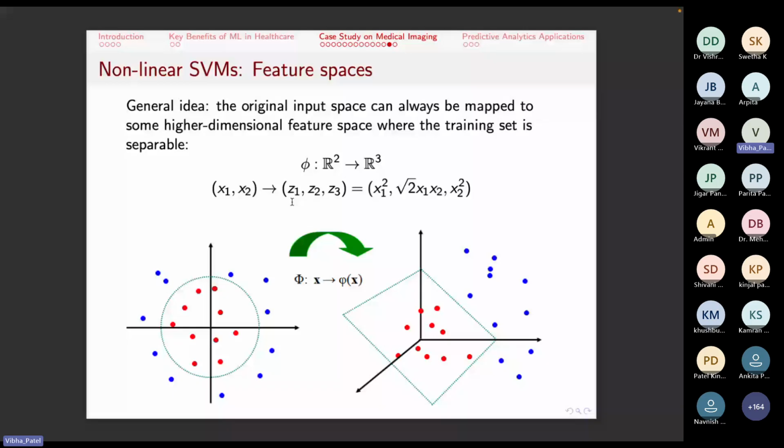So the kernel trick comes into the picture, which allows you to move lower dimensional space data to a higher dimensional space, find a separating hyperplane there, and then project it back so that you can find a separating hyperplane.